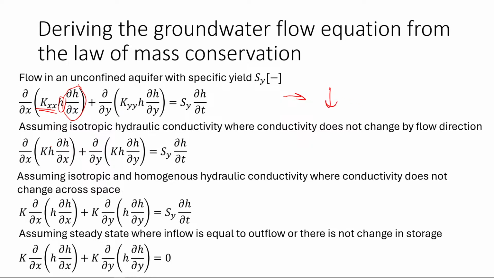Now, if k is constant in the x direction, let's say k in the x direction would be larger than k in the y direction. Here, for example, when I remove this x here, this means that this parameter in the x direction has the same value as in the y direction.